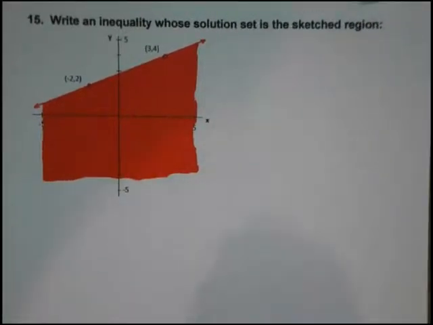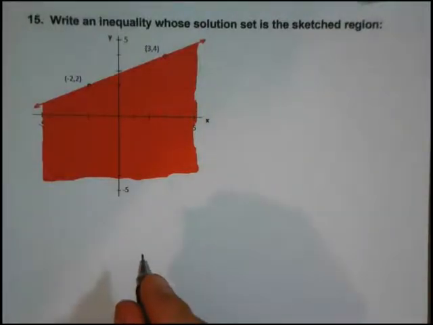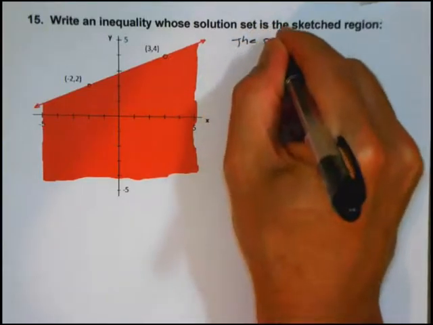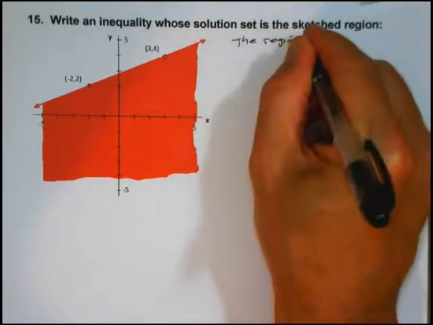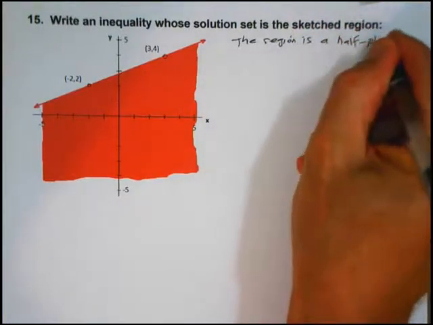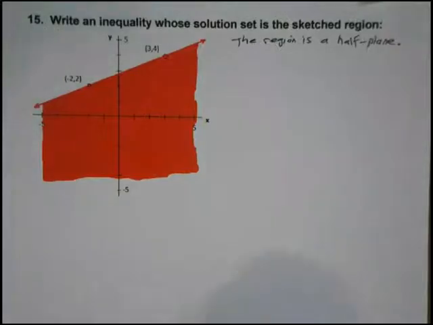Exercise 15. Write an inequality whose solution set is the sketched region. Alright, by examining this region for a minute, it's apparent that this region is a half plane. Okay, we know what kind of inequality we want then.